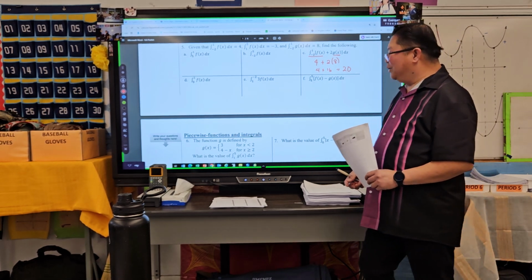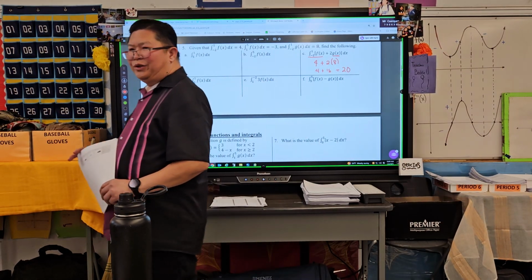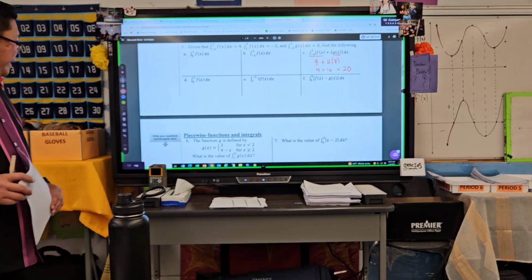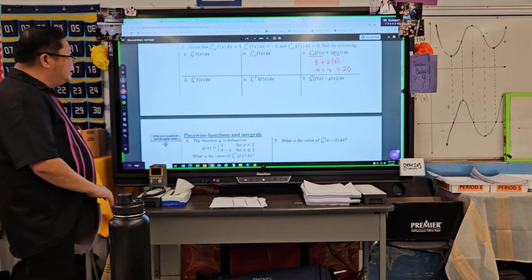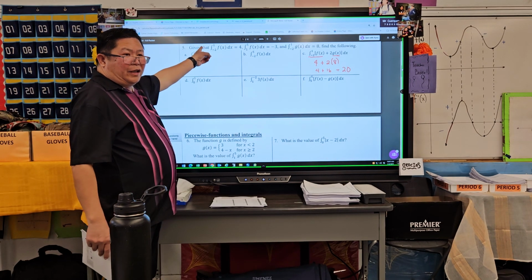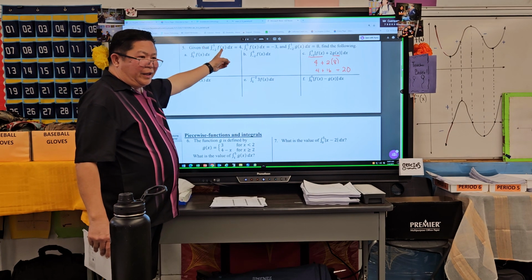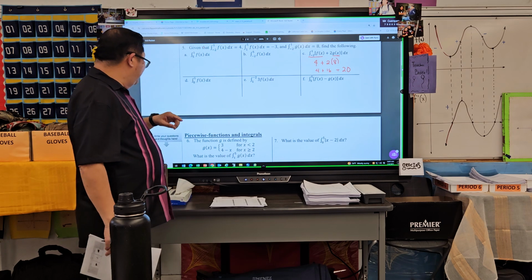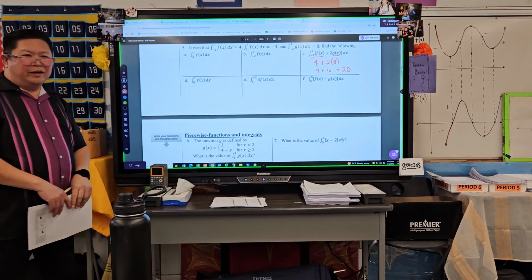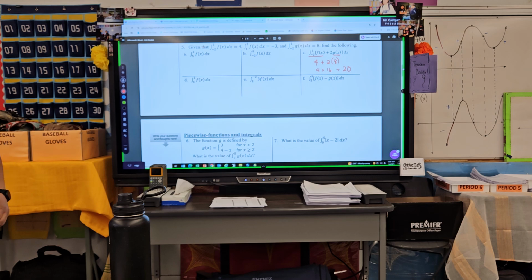Okay, now moving on to question D. Again, what is our focus? The given. Question D. The integral from 0 to 1 of f of x dx. Any reaction for that one?